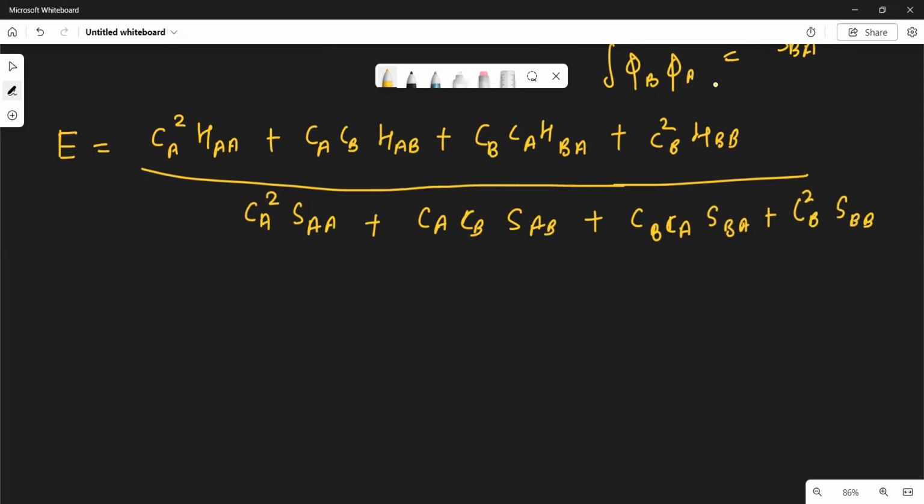Okay, so this is the simplest form we have written after using these notations for the integral.